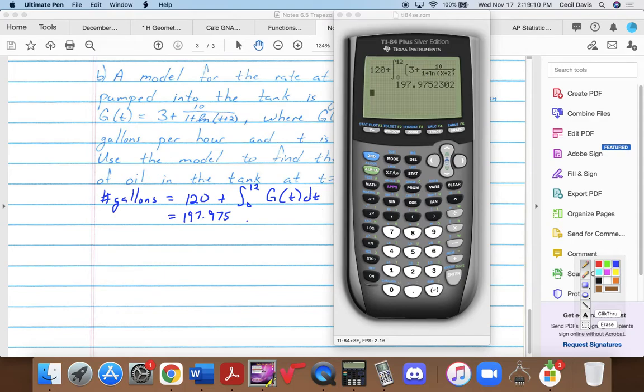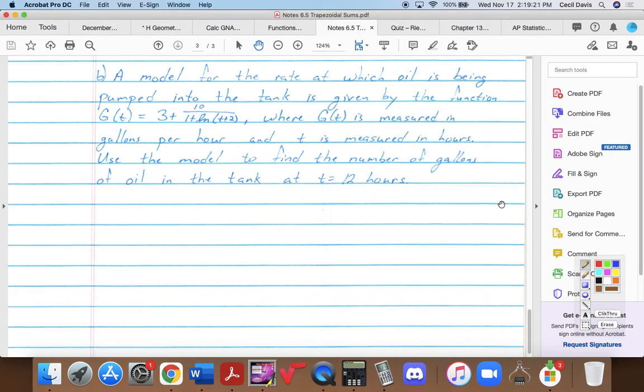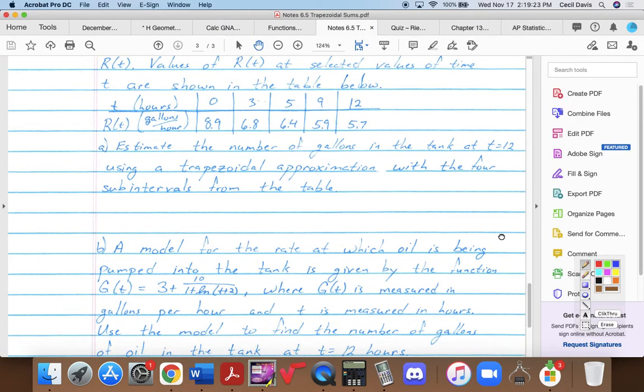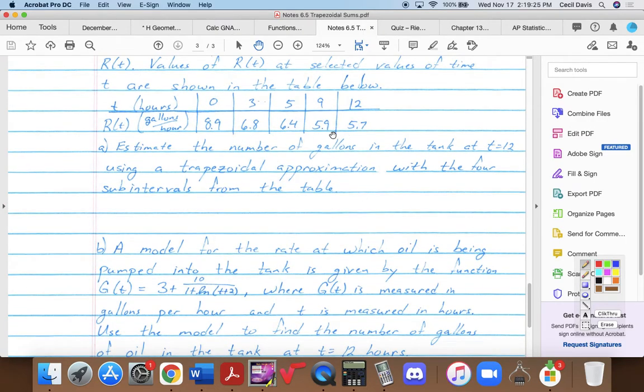Now I'm kind of curious as to what the other one estimated it at. Do you think it's going to be an underestimate or an overestimate? Well, let's see. This is a decreasing function. Let's assume that it's always decreasing.